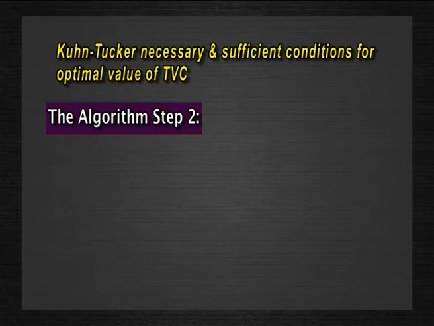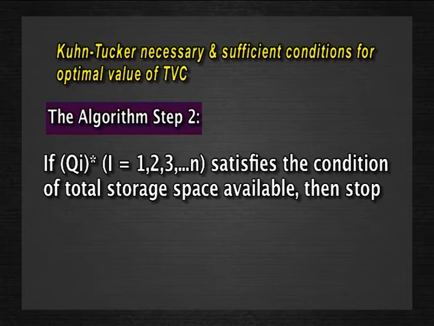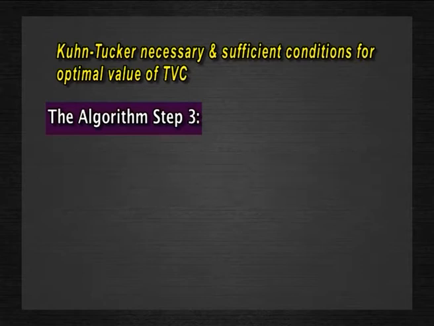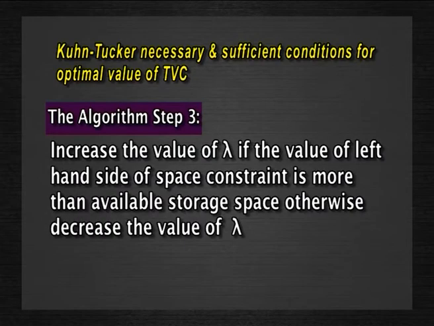Step 2. If Qi star, where i equal to 1, 2, 3 up to n, satisfies the condition of total storage space available, then stop. Step 3. Increase the value of lambda if the value of the left hand side of the space constraint is more than the available storage space, otherwise decrease the value of lambda.